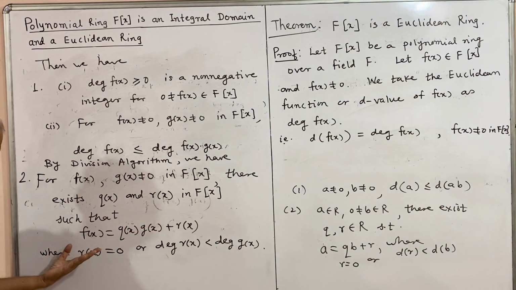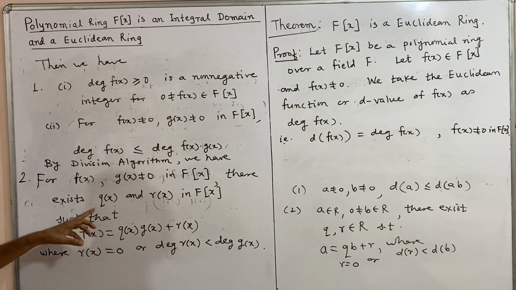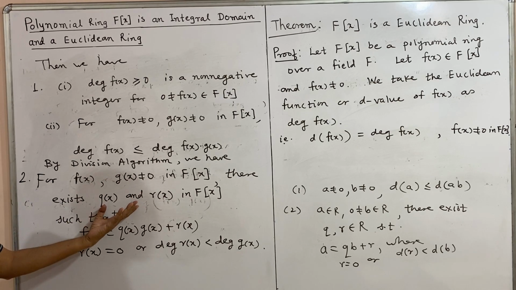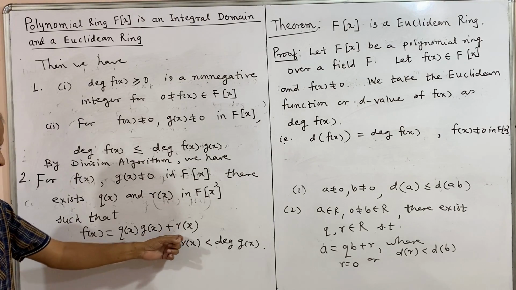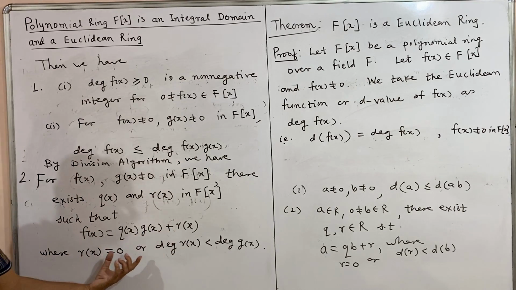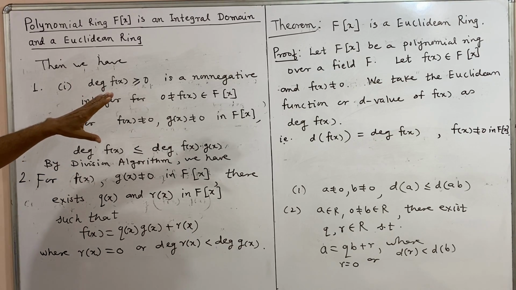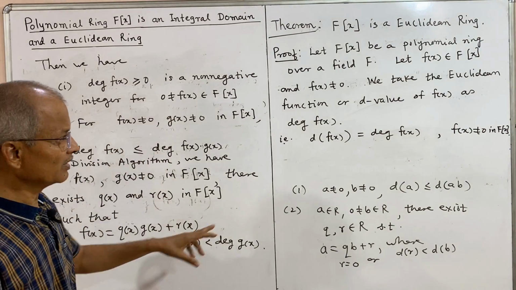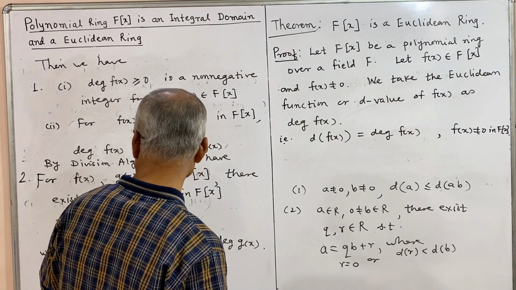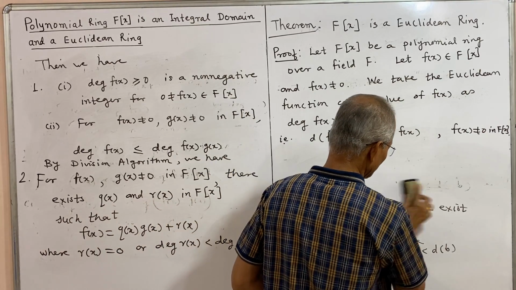Here a, b, q, r are polynomials, and so given two polynomials f(x) and g(x) in F[x], there exist two other polynomials q(x) and r(x) in F[x] such that f(x) is written as q(x) into g(x) plus r(x), where r(x) is 0 or the degree of r(x) is less than the degree of g(x). Hence the polynomials in the polynomial ring satisfy the conditions of Euclidean ring with the d function defined as the degree of f(x).